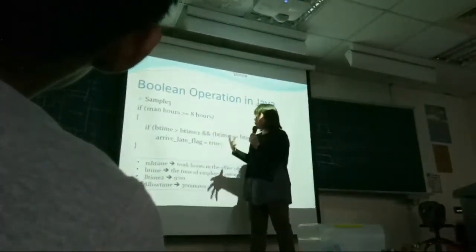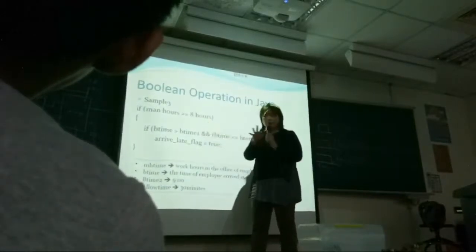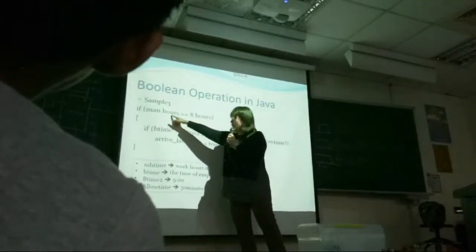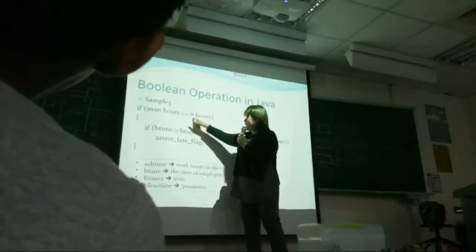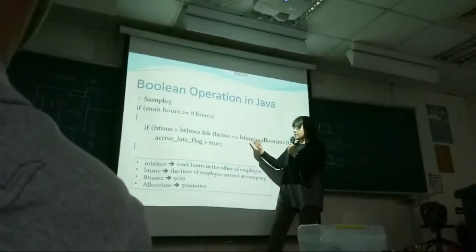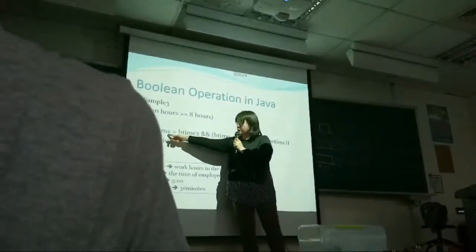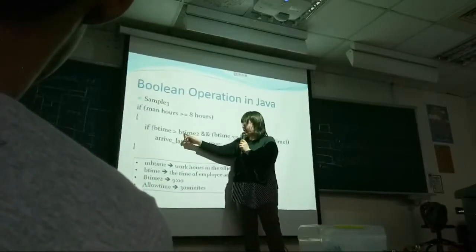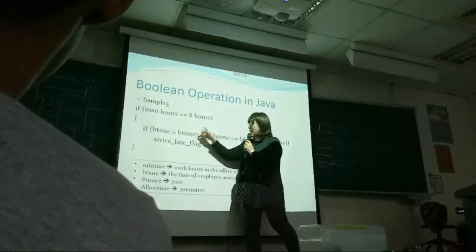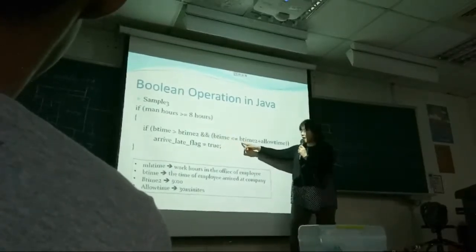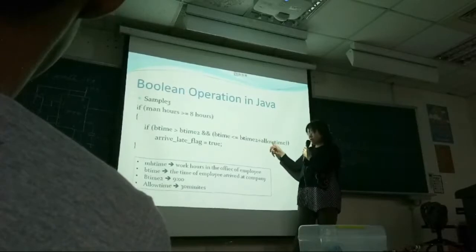That's for the whole day check. Whole day man hours is 8 hours. First, I will check if man hours are more than 8 hours. Then I use two expressions. First, your sign time is more than 9 o'clock, and your sign time is less than 9:30.